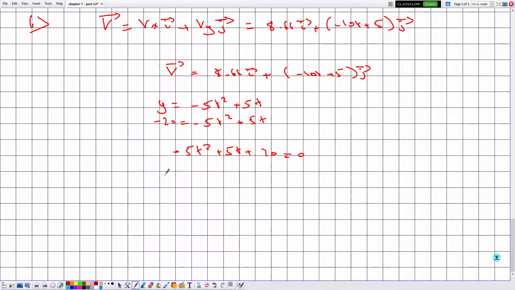So this is a quadratic equation. In time we have t1 and t2, and time must be always positive. So t1 is equal to 2.56 seconds, or t2, which is equal to minus 1.56 seconds. This is rejected because time is always positive.